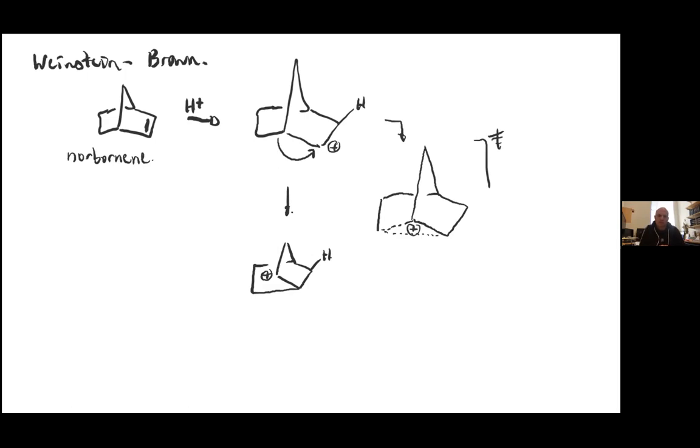So they're what we call degenerate cations. And we don't mean that in a derogatory sense. Anyway, Weinstein and Brown got into this very colorful argument over the nature of this rearrangement. Weinstein, I believe, was arguing that you have these two carbocations in equilibrium with each other, proceeding via this transition state.